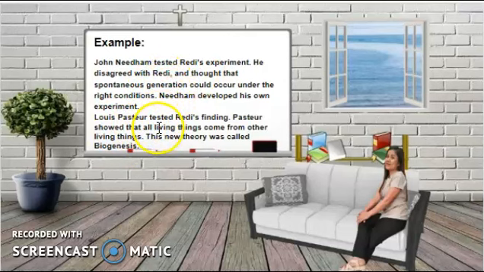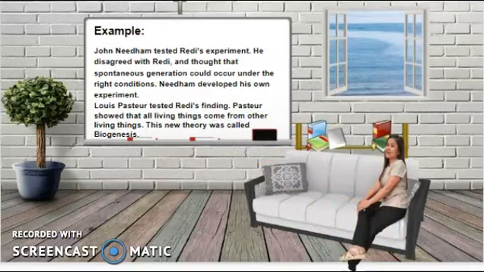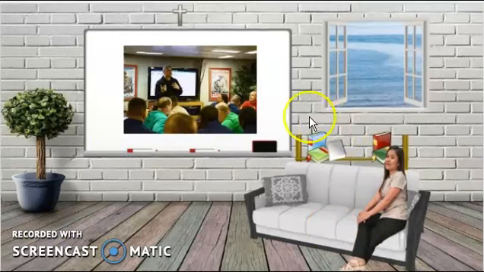And Louis Pasteur also tested Redi's finding, and another theory arose, called biogenesis. Why is it very important for us to share or communicate our results? Our findings might be new references for background research in the next experiment that will occur. So this is the illustration of communicating your results.